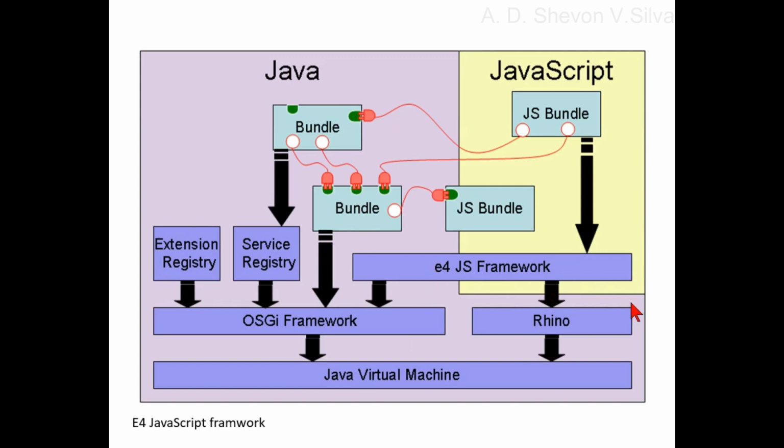The E4 programming model also facilitates integration of components written in other languages. With service-based interaction between components and dependency injection, components never need to know what language services are implemented in or what languages are being used to consume the services they expose.